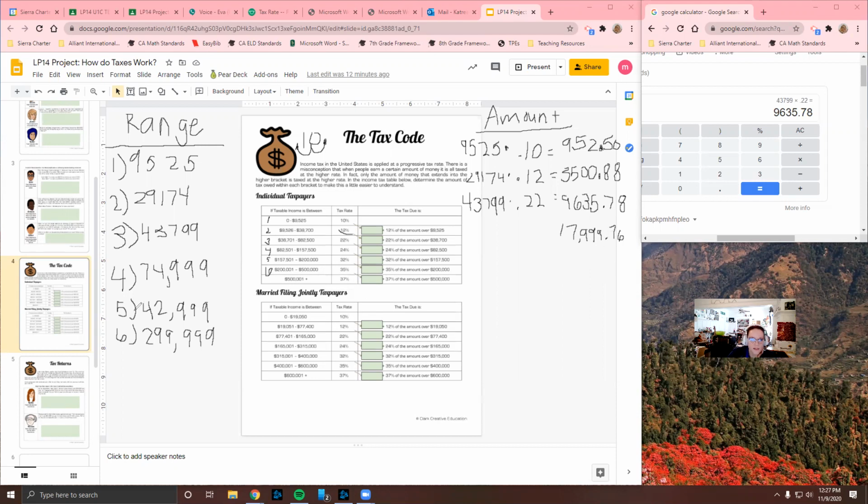For the next grouping, take your 42,999 times our 32%. We wind up with 13,599.68.